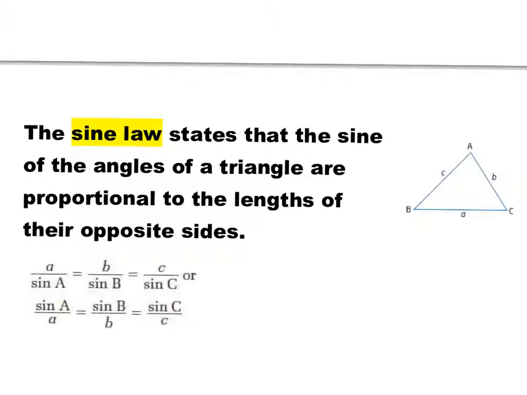If I flip all these fractions, sine A comes up, A goes down, sine B goes in the numerator, B goes in the denominator, sine C goes in the numerator, C goes in the denominator. If I flip all the fractions, I get the second form of sine law, which you can see right there.